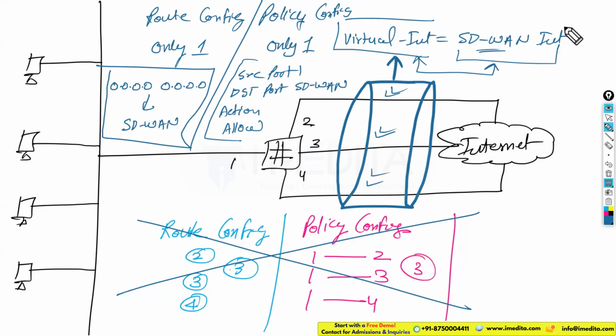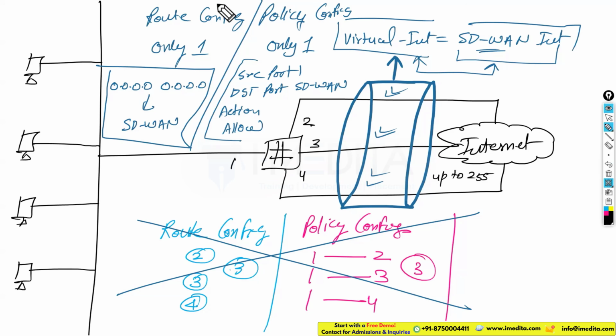So what is SD-WAN? SD-WAN is actually a virtual interface which consists of member interfaces. They are connected with different link types. In SD-WAN, we group member interfaces in a virtual interface, and the maximum we can configure here is up to 255 interfaces.